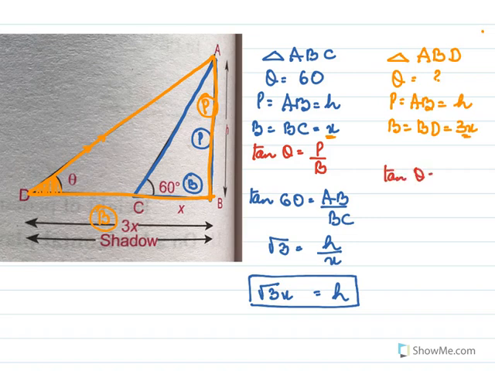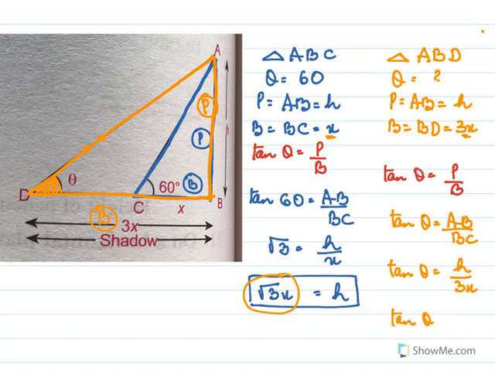Tan theta is perpendicular over base. Now remember, we do not know tan theta here. So tan theta is perpendicular AB over BD. Tan theta, AB is H, BD is 3x. But we found our H as root 3 x here.